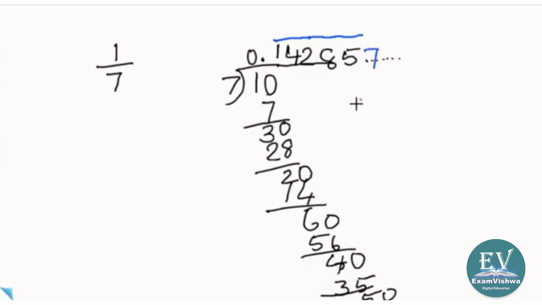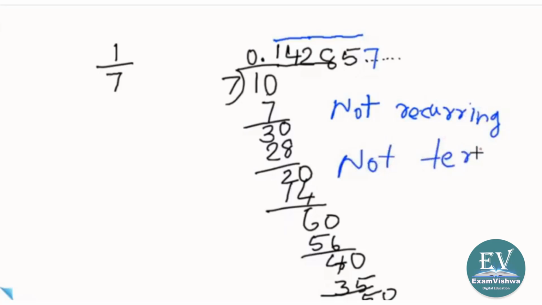So here the peculiarity is that no number is recurring, that means it is not repeating, and it is not terminating also. Terminate means ending. छत्रपति शिवाजी महाराज टर्मिनस इसलिए हो गया, उधर ट्रेन खत्म होता है, स्टॉप होता है.